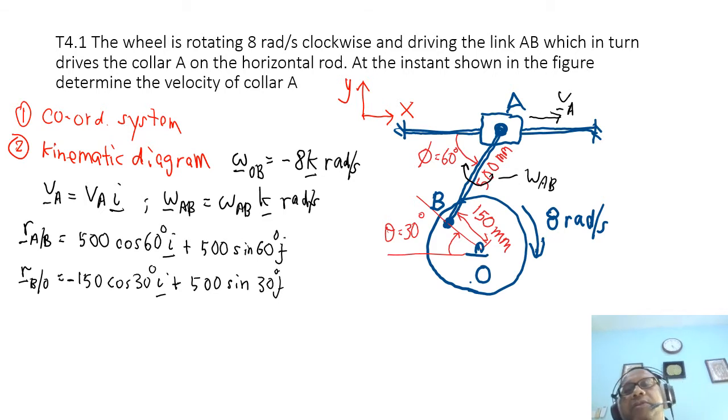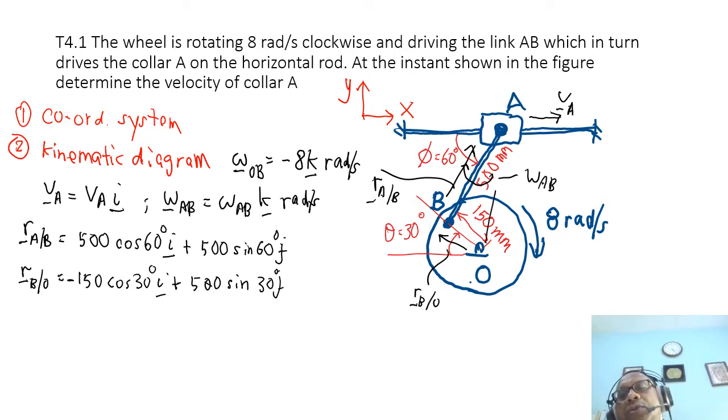That's basically the data: this is position vector B relative to O, and this is our position vector A relative to B. So we can draw this position vector A relative to B.